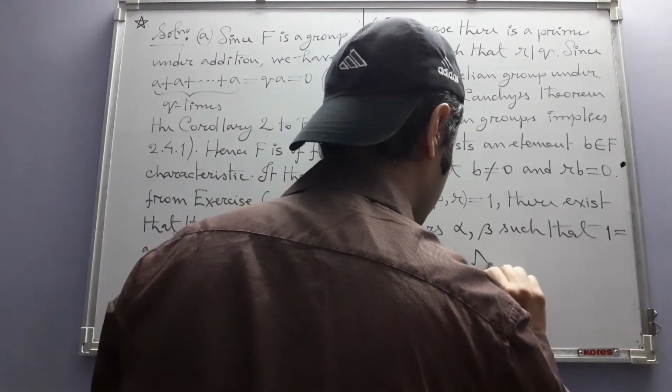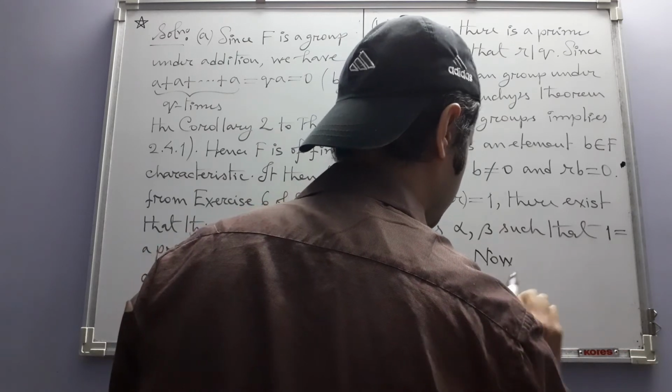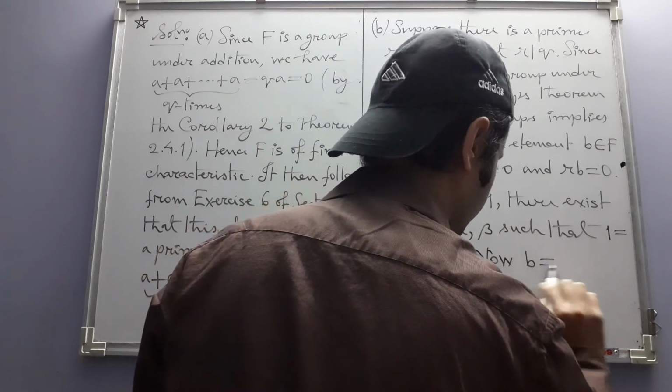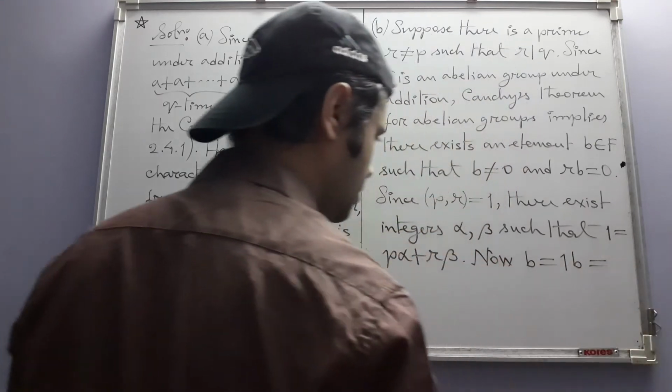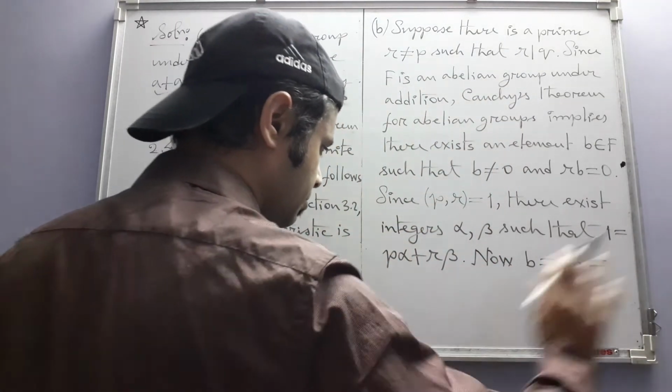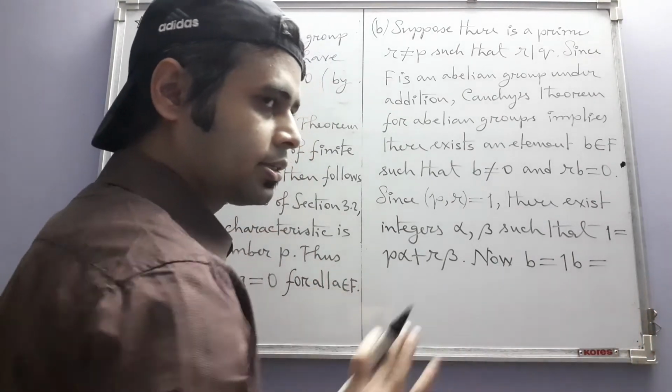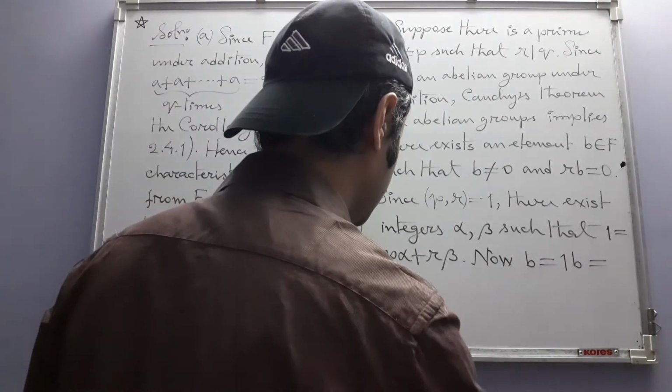Now B is equal to 1B, which is equal to, let me just write the calculation down, then I will justify the steps.